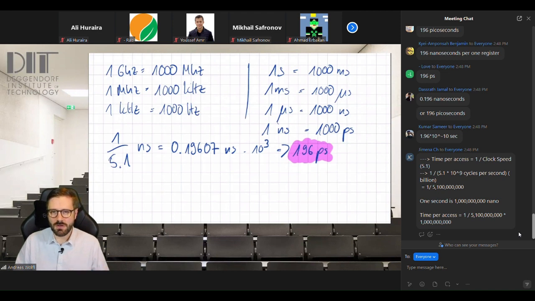So you need to know that 1 second is 1,000 milliseconds. 1 millisecond is 1,000 microseconds, up until picoseconds. So picoseconds is the smallest that we have. And in terms of kilo, mega, giga, the highest that we calculate, I guess, is tera.